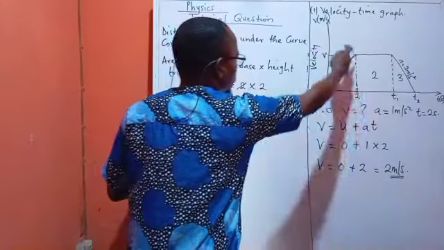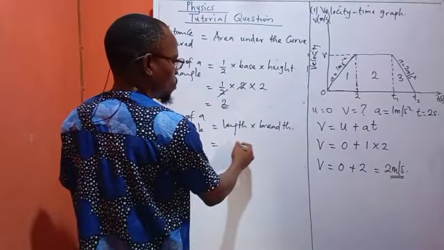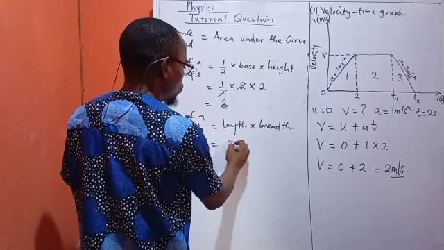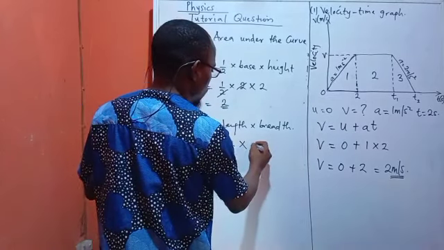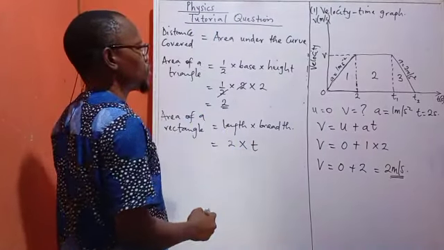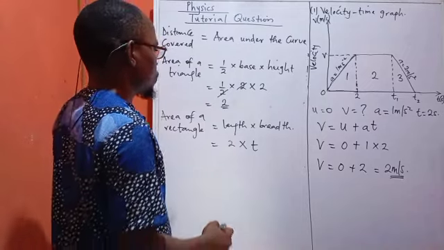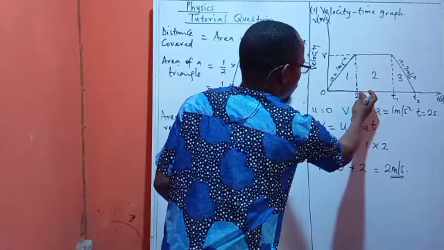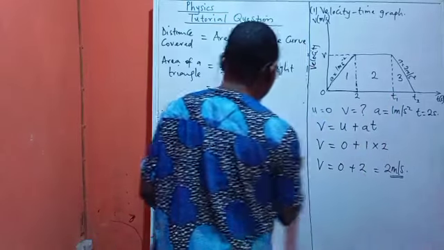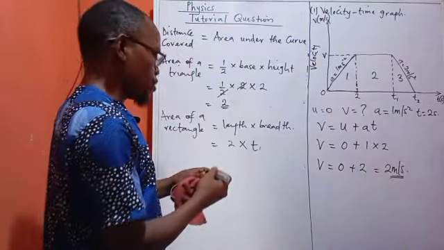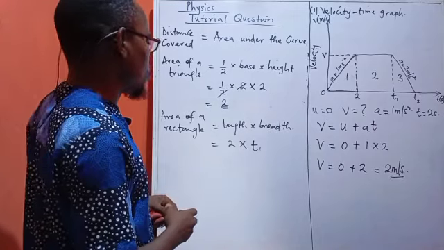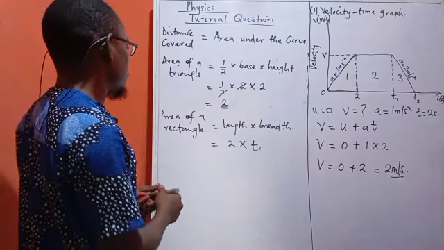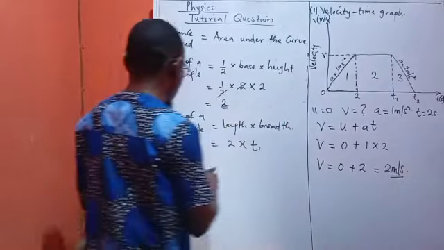So that will be giving us 2 times the breadth, which is t, because the breadth will be from here to here, and we don't know it, and we call it t1. That's what we will call it. Okay, all right. So then we look at the third one.